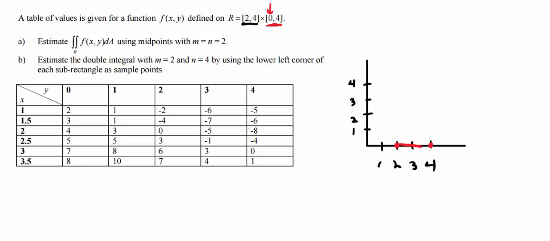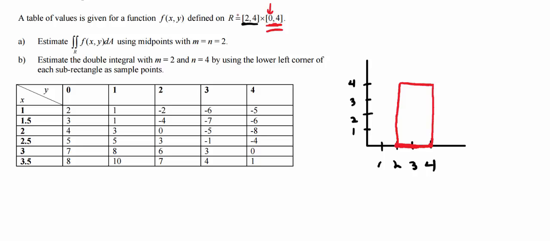So this would be the lower side of R. And then vertically it goes from 0 to 4. So your left-hand side of your rectangle looks like this. So R is here.